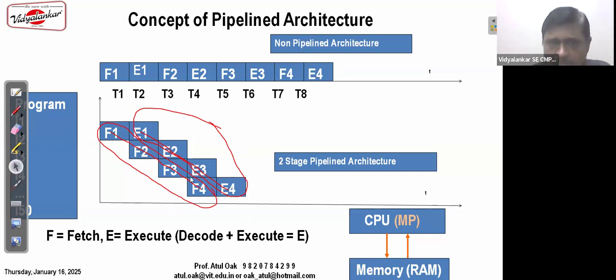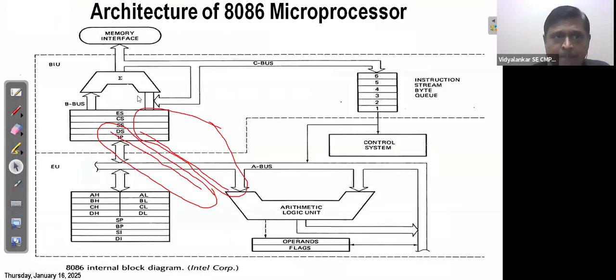The stage which is responsible for fetch is called BIU. Observe it. It stands for Bus Interface Unit. That is the full form of BIU. This is responsible for fetch. How, we will see now in detail.